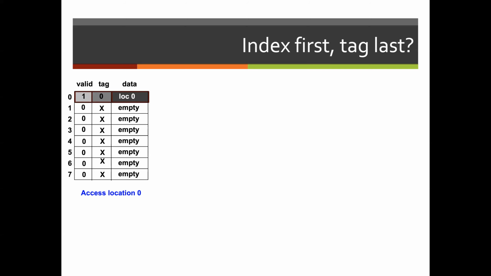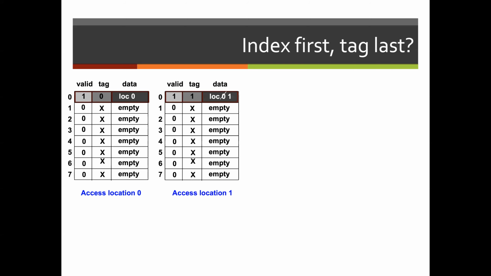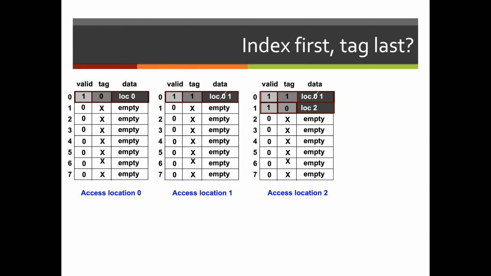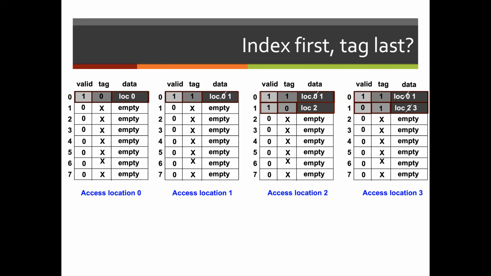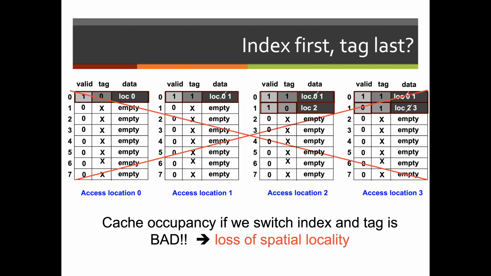In our first example, we access location 0, and then we go to access location 1, and then location 2, and then location 3. This results in a lower occupancy, so we have a loss of spatial locality.